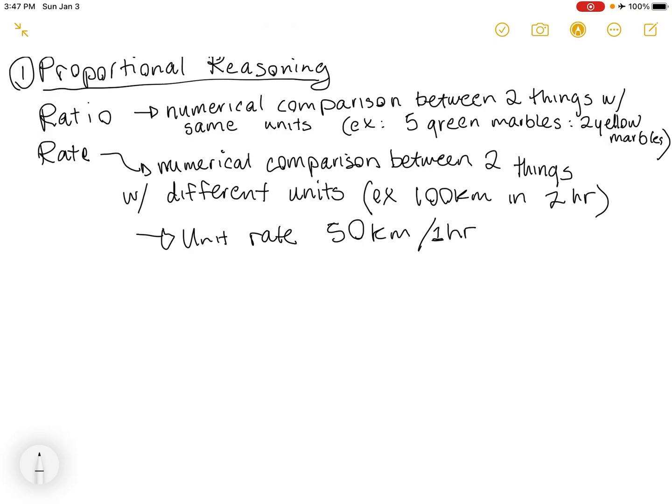Now, we also spent some time talking specifically about unit price. And a unit price is a type of unit rate where you're looking at how much is it per one item. So let's do an example.